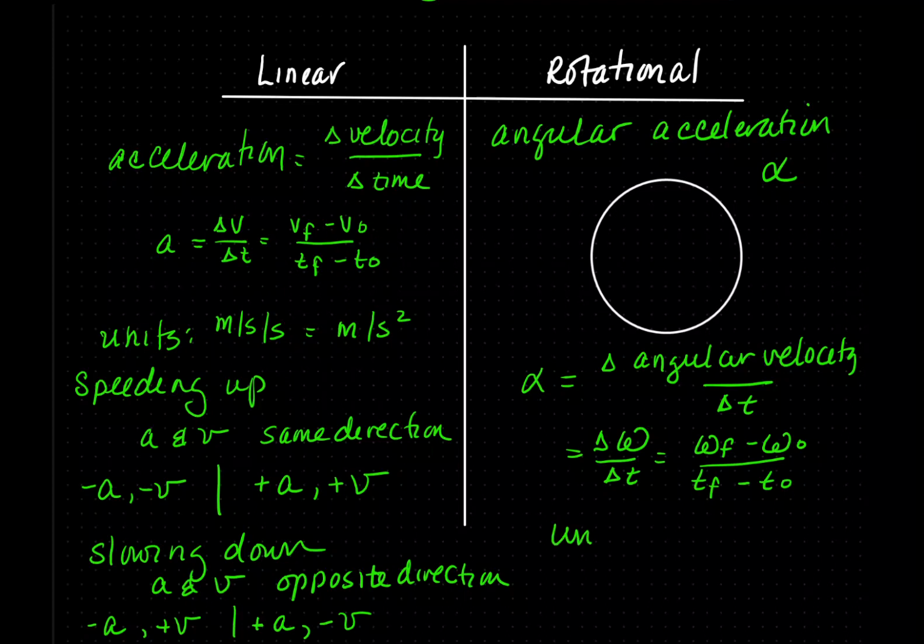The units for omega were radians per second, over time, which is another second. So it's radians per second squared.